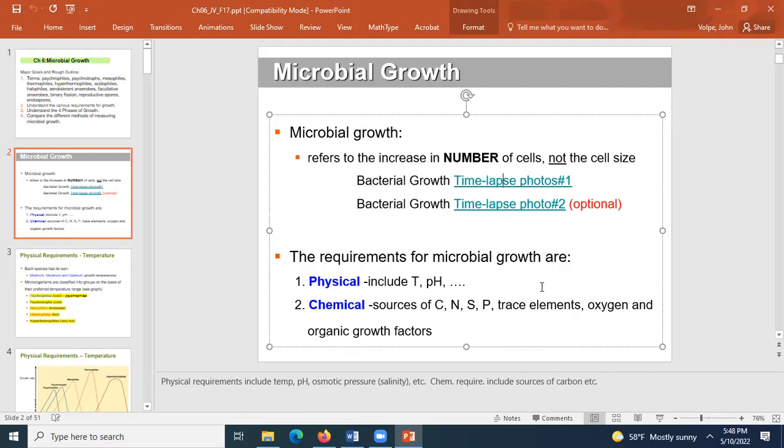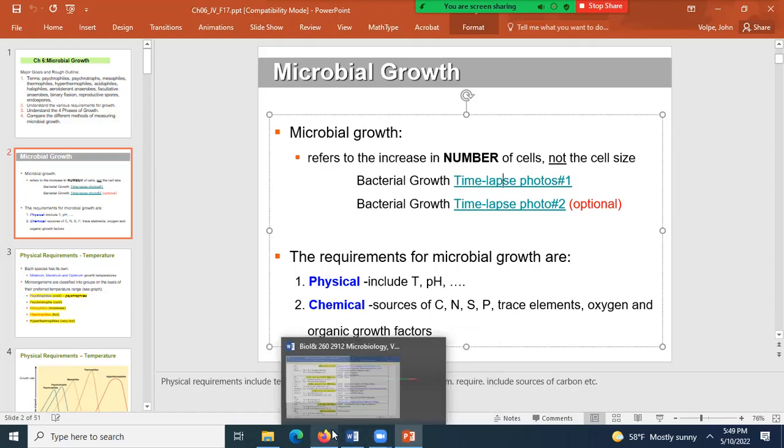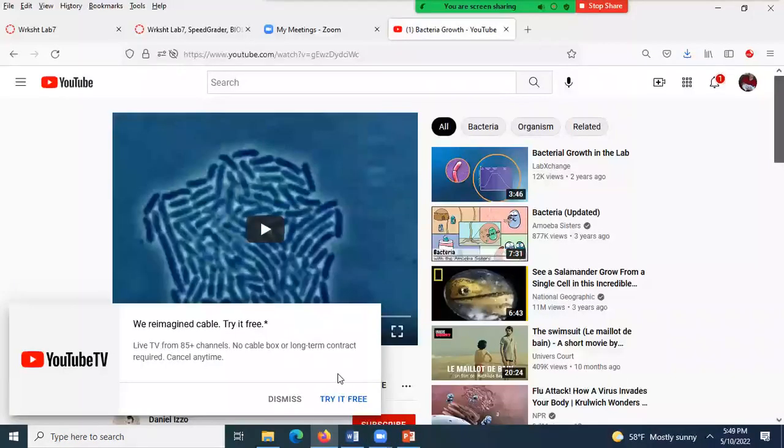They all have oxygen requirements, even if it's absent. That is an oxygen requirement. Some need oxygen, some need a lack of oxygen. And then there might be organic growth factors that are a chemical requirement for growth. Any question about any of that? If not, let's go to our little video.